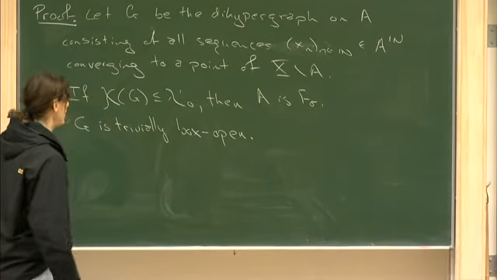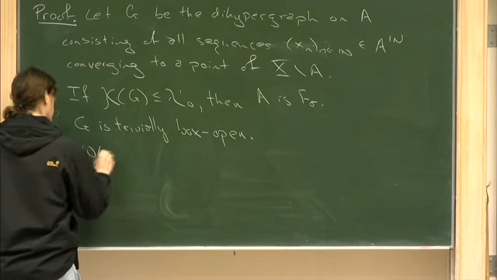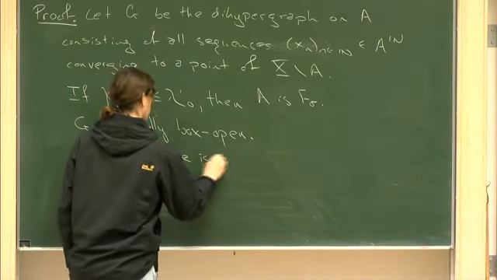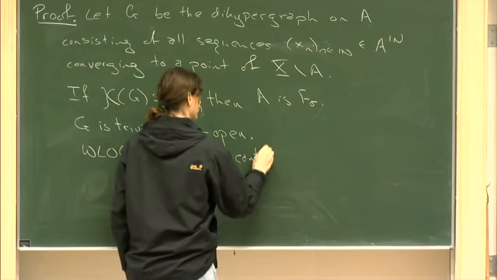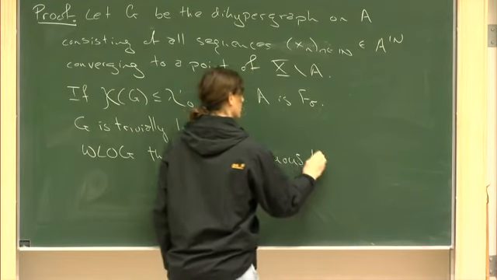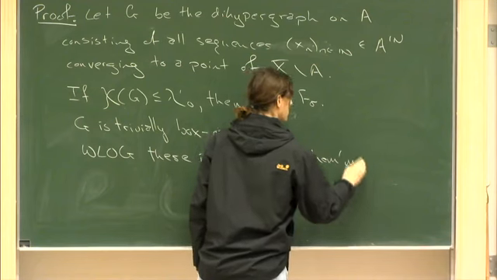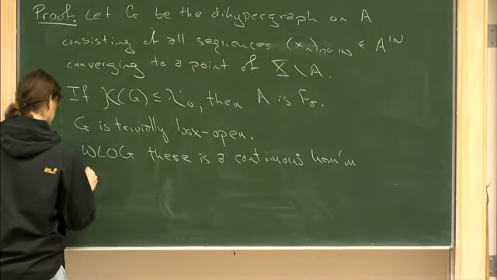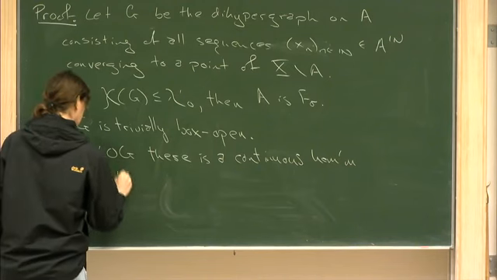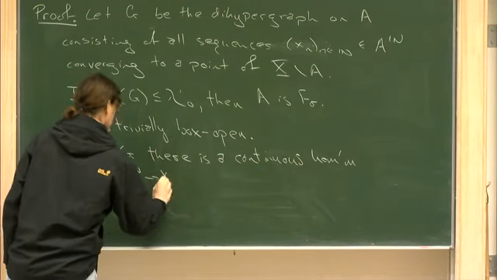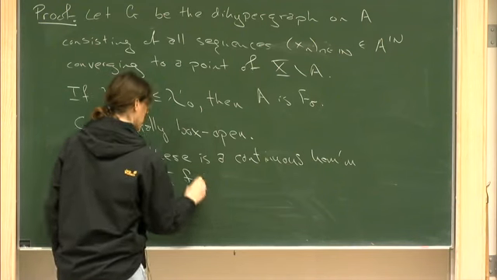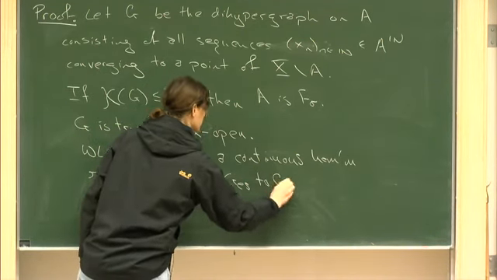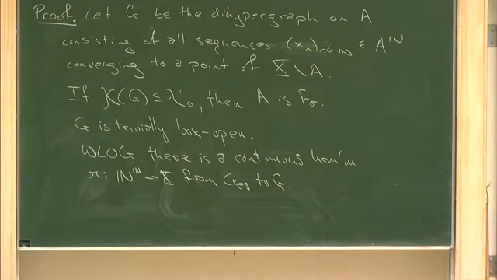So, by our dichotomy, we can assume there's a continuous homomorphism, which I'll call pi.